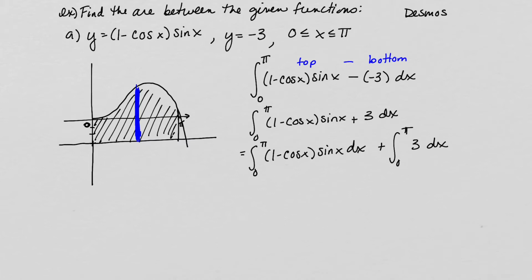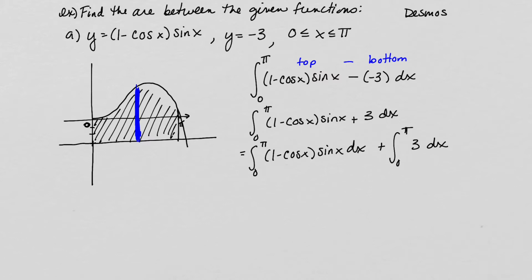What am I going to have to do to integrate 1 minus cosine x times sine x? Yeah, use substitution. You might have been thinking integration by parts. You probably maybe could get it to work with integration by parts, but it's going to be a lot of work and messy.